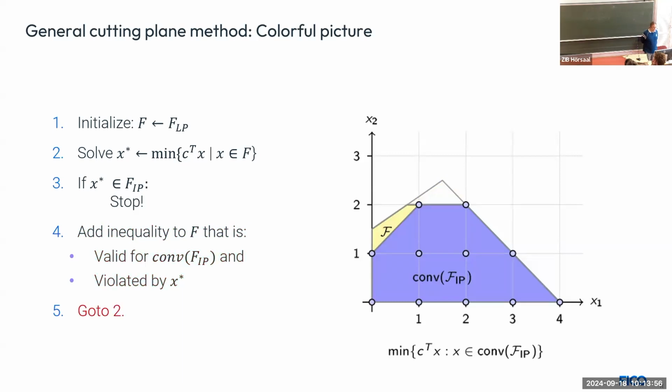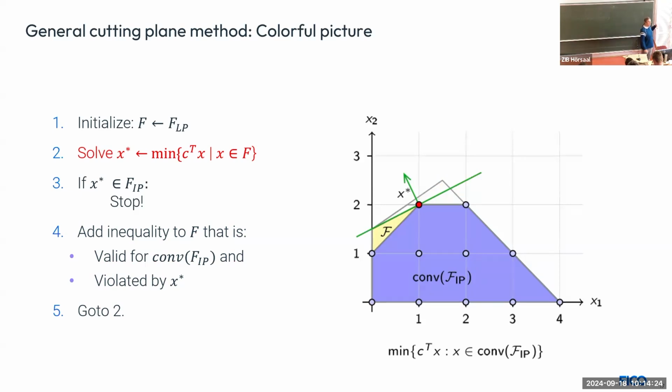Okay, so we did that, and then we just repeat. We solve the linear relaxation again. It's still fractional. We, by pure magic, generate such a cutting plane and add it to the formulation. Loop again, and hooray, now the first ever integer solution that we found will immediately be the optimal one.